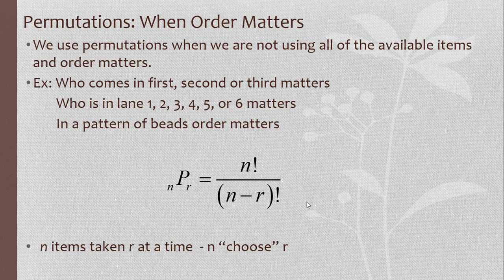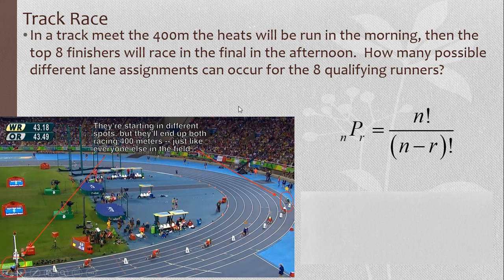If you go to math, go over to prob for probability functions, then you'll see that there is an nPr and there's also an nCr, and then there's also the factorial there. So n items taken r at a time. So we'll look at an example here.